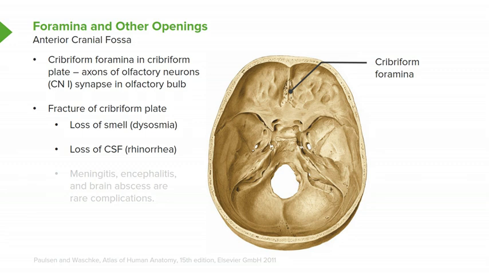The loss of fluid would be through the nose. And lastly, you could have an infection develop as a result of the fracture. This could result in meningitis, encephalitis, and then brain abscesses are rare complications of infections.